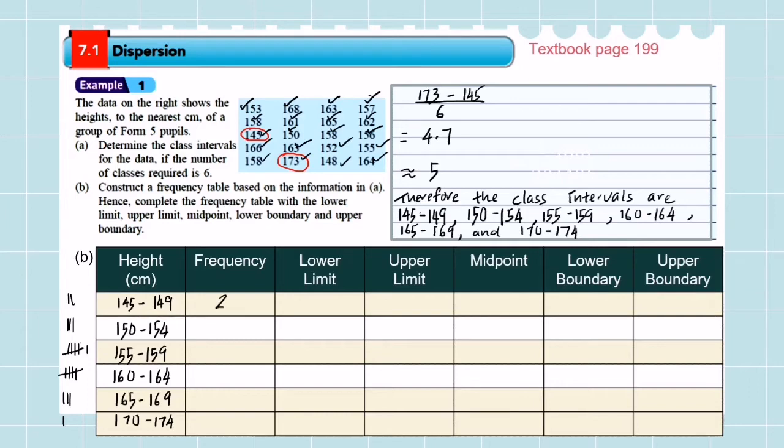So here is 2, 150 to 154. We have 3 numbers in this data. 155 to 159, we have 6. Here we have 5, 3, and 1.